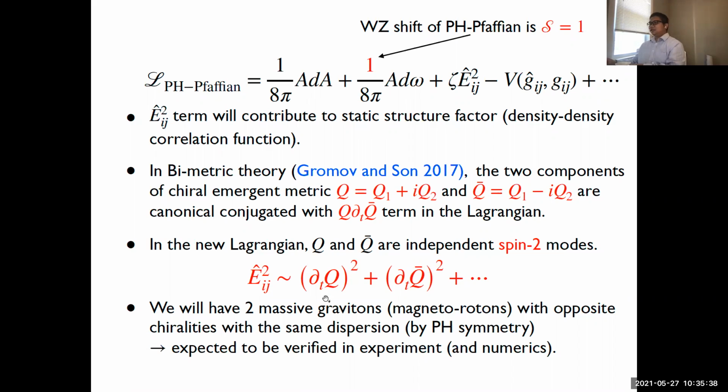So Q and Q-bar are not conjugate to each other anymore. From this equation, we expect that we have two massive gravitons, two independent chiral spin-2 modes. And because of the particle-hole symmetry, they have the same dispersion relation. We expect to verify the appearance of two spin-2 modes in experiment and also in numerics.